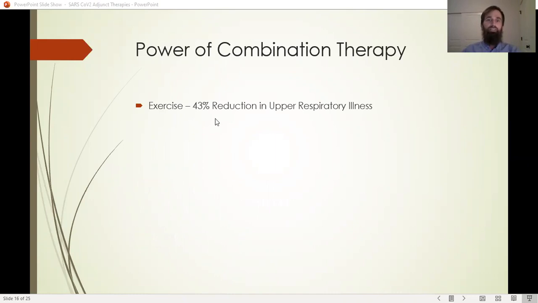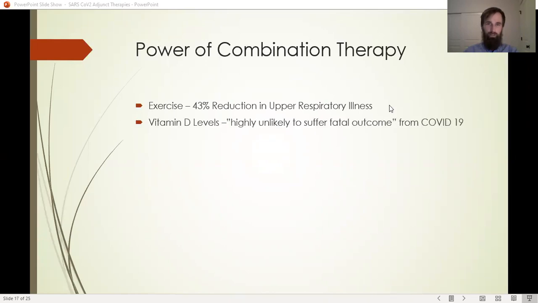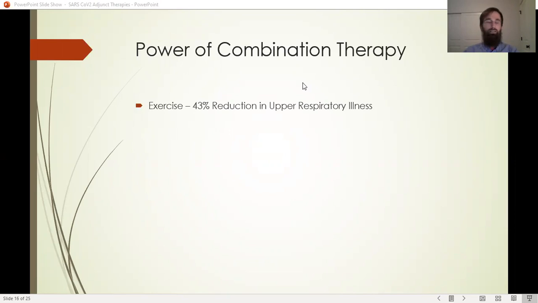We saw with the study about exercise, there was a 43% reduction in upper respiratory illness. We saw vitamin D levels, highly unlikely to suffer a fatal outcome from COVID-19. So if you did just exercise, you're gonna reduce your risk.